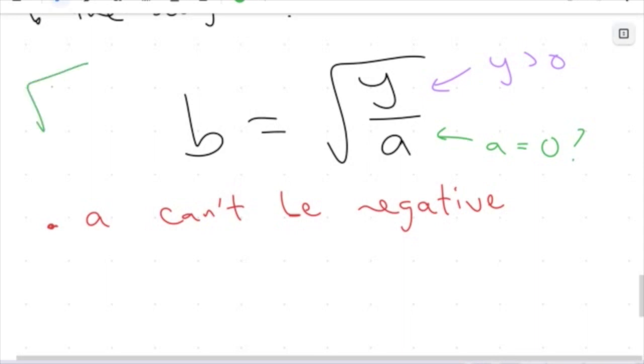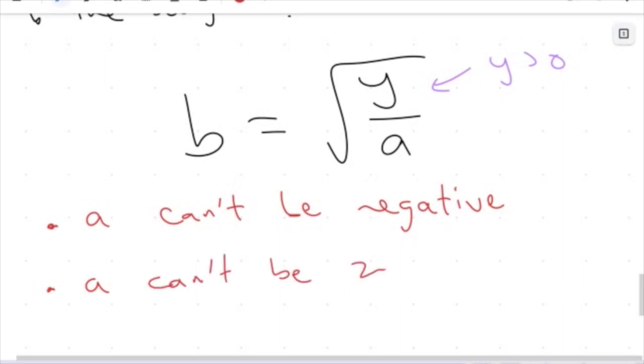So if you had, for example, the square root of 4 divided by 0, this is going to give you a math error. This will not work. So not only can a not be negative, a also cannot be 0. So a can't be negative and a can't be 0.